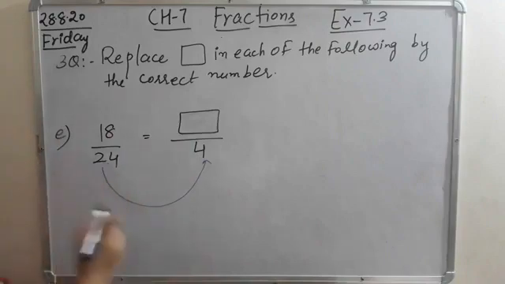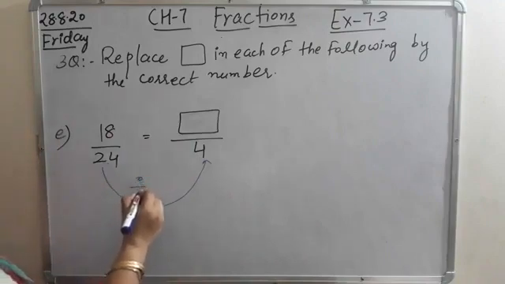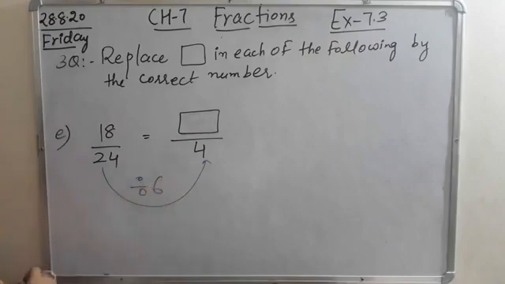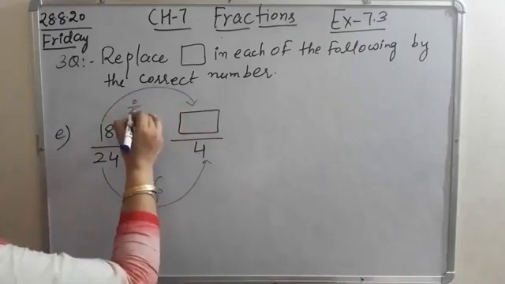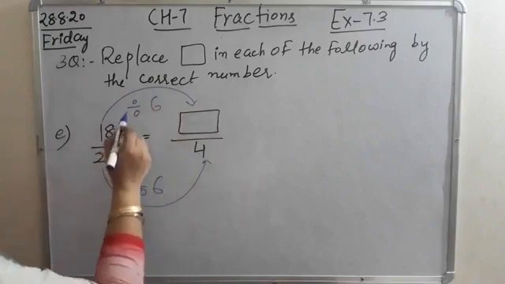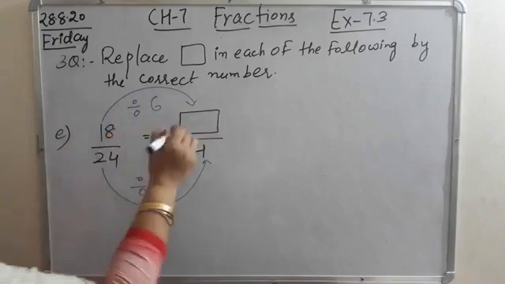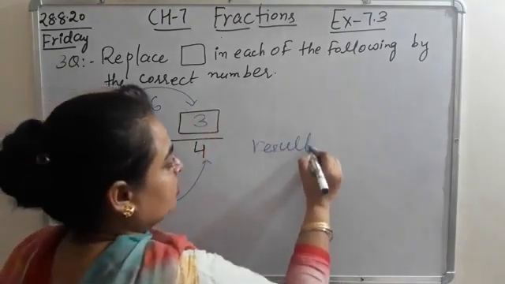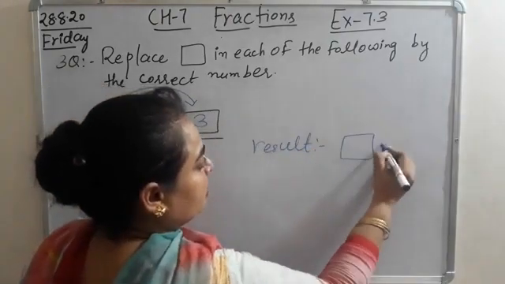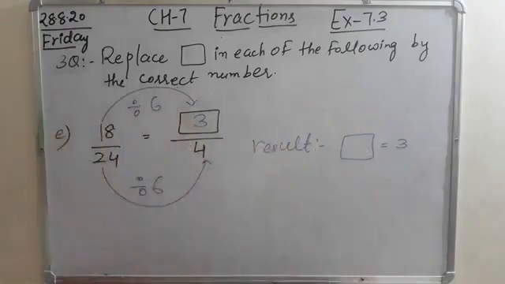So 24 divided by 6 is equal to 4. In the same way, we will divide 18 by 6, and 18 divided by 6 will give you 3. So the result: box is equal to 3.